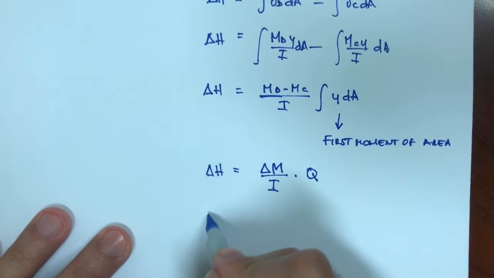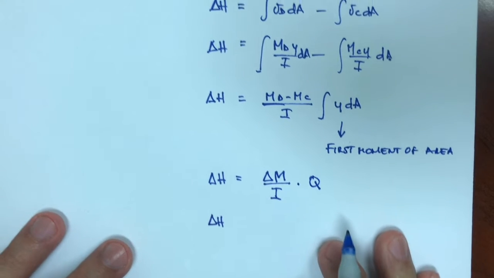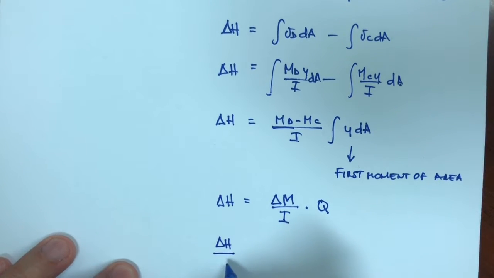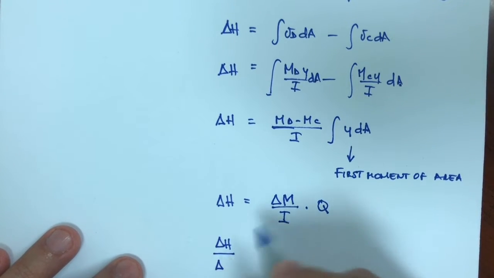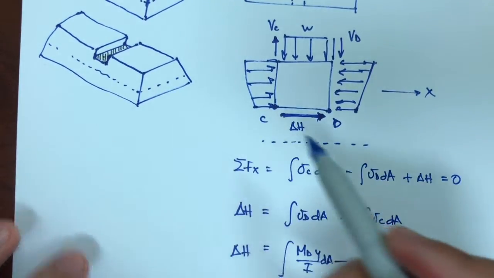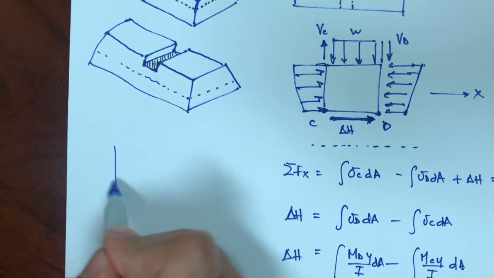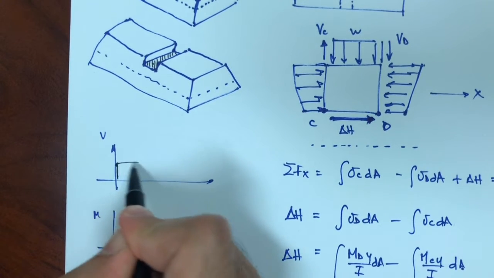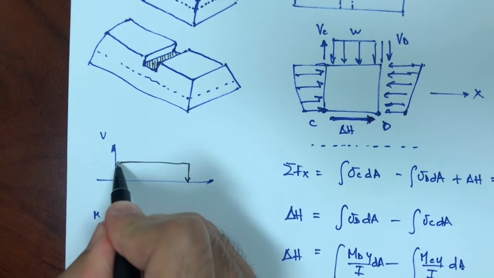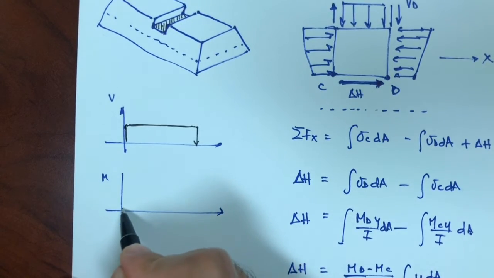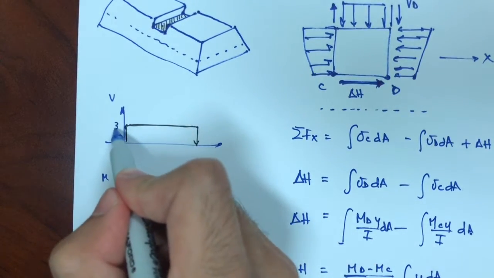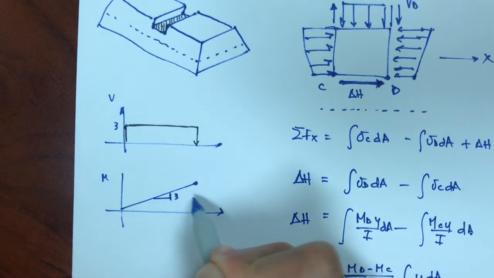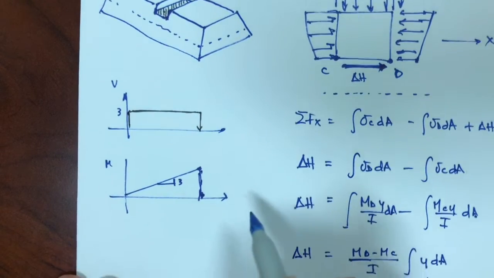One more thing is that if I divide delta H over delta, we'll do that in a minute. So the other thing that we know from the shearing and bending stresses, V and M, is that, for example, if I have a reaction force here and then a load and a cantilever or whatever, V is the slope of M. So if this is 3, this would have a slope of 3, and there would probably be a reaction that brings this back down to 0.